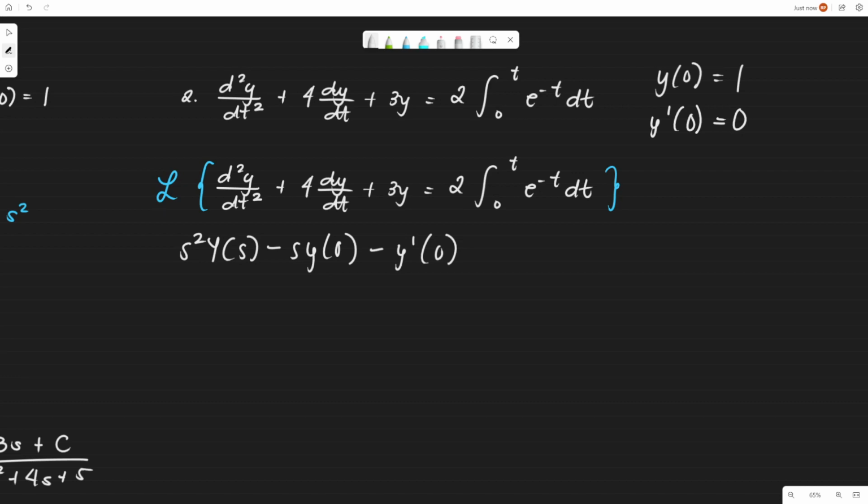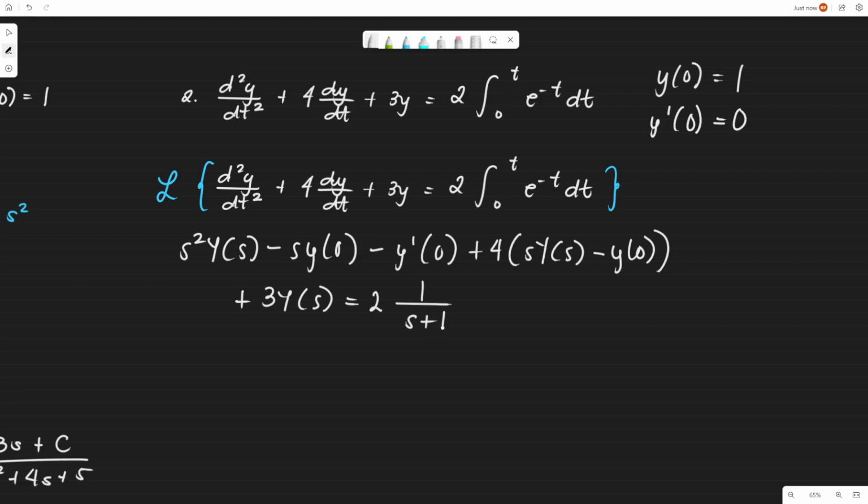Then we have plus 4 times s y of s minus y of 0 plus 3y of s is equal to 2 times the Laplace transform of e raised to negative t is 1 over s plus 1. Okay, then yung 1 over s pa natin, no? Ayan. So, yun yung Laplace transform nito, no?